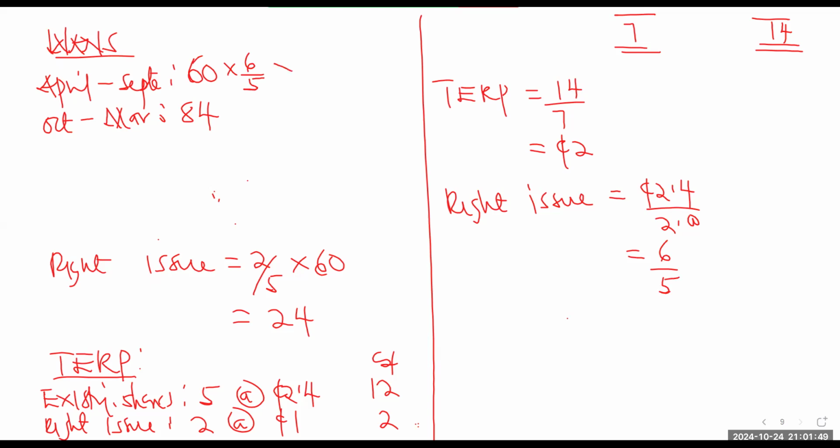April to September is how many months? 6 months. So 6/12, and then these shares will also do 6/12. Is that correct? Correct, sir. What are we having? 42 for October to March, and then 36 from April to September.